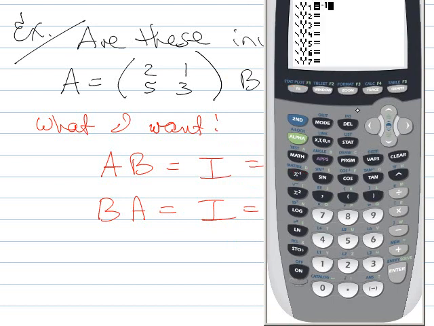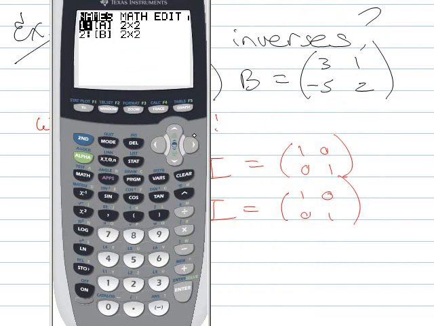I'm going to go here. So I've still got a 2 by 2. So it's 2, 1, 5, 3, like that. And my other one is also a 2 by 2 still, but it's 3, 1, -5, and 2.